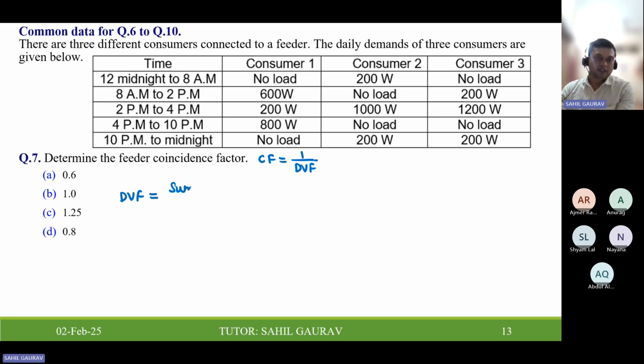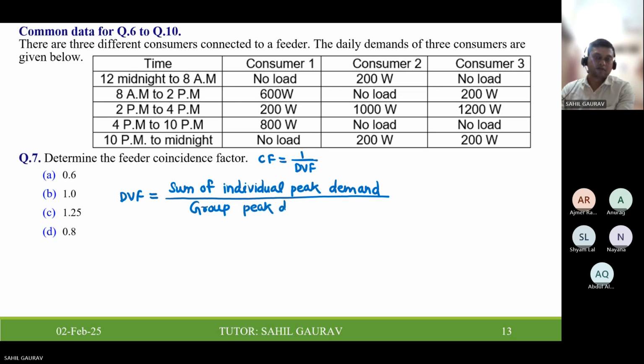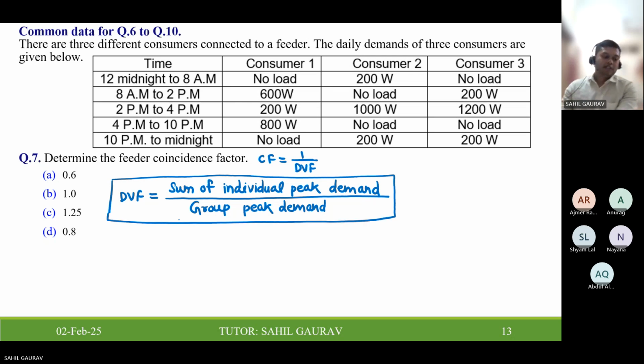And the diversity factor is the sum of individual peak demands upon the group peak demand.